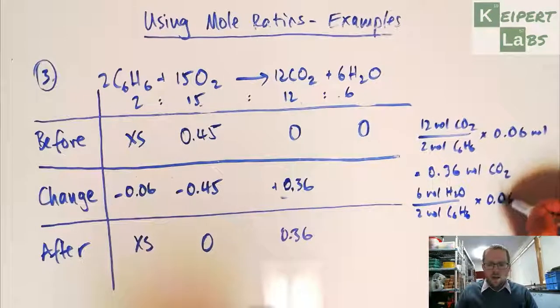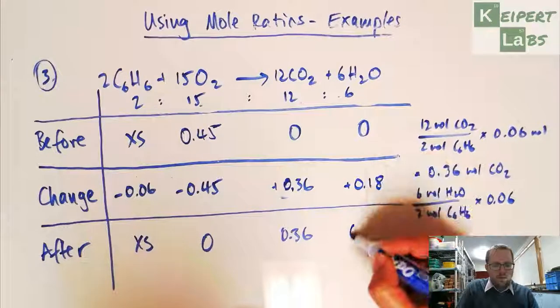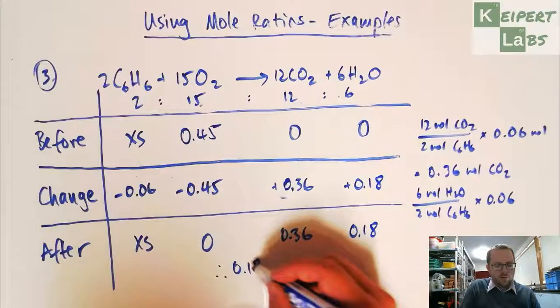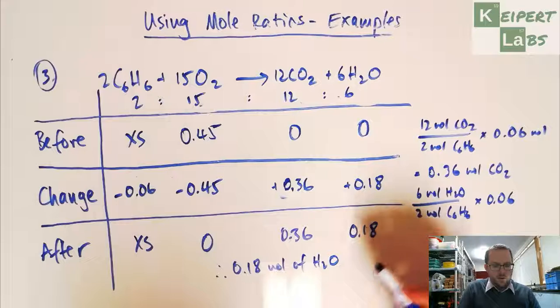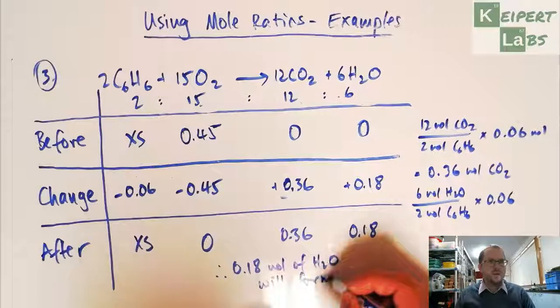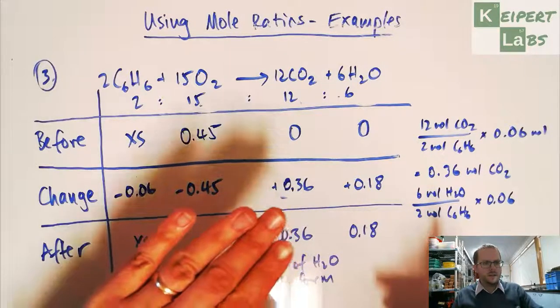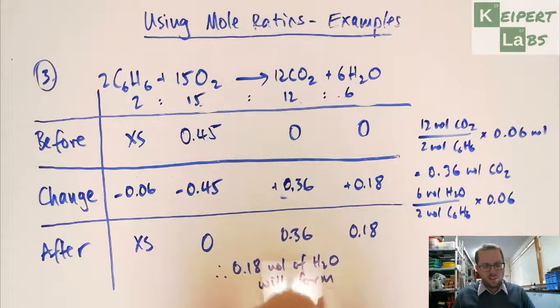So I get 0.18. Therefore 0.18 moles of water will form. I realize that there's not great contrast there, you're kind of in a bit of a glossy bit. Hopefully you can see that now.